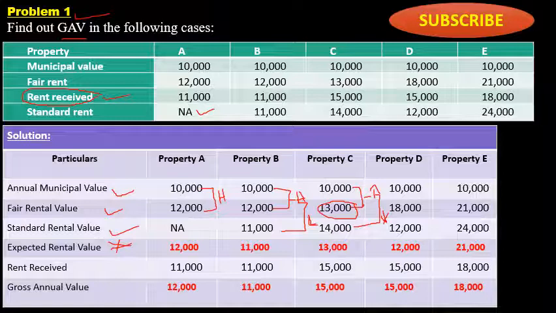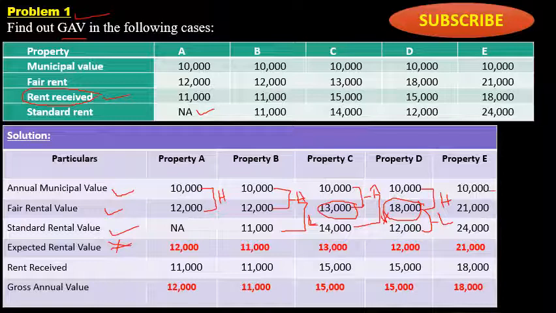And property D, 10,000 is the municipal value and fair rental value is 18,000, whichever is the highest. First you compare for the highest. The higher is 18,000, and this 18,000 or standard rent, whichever is the lowest. Lowest is 12,000, so 12,000 is the expected rental value.